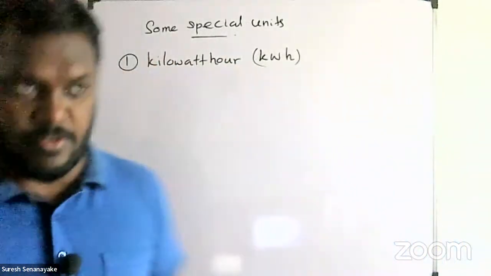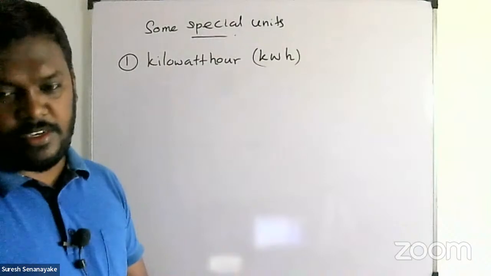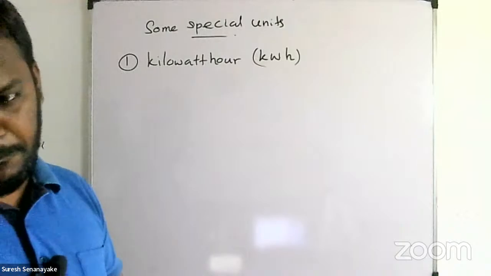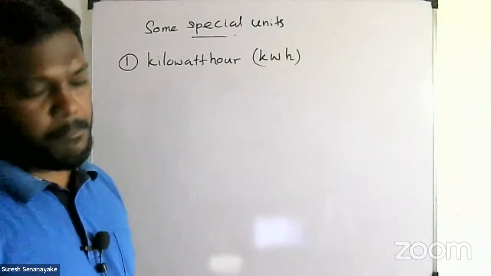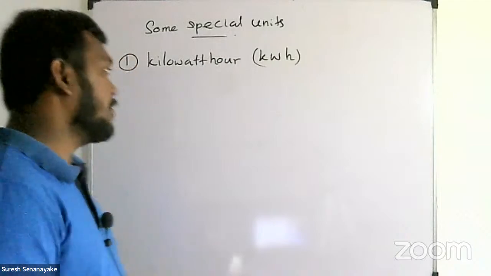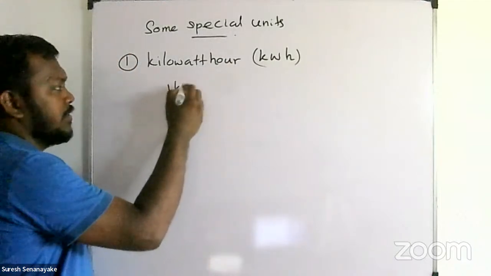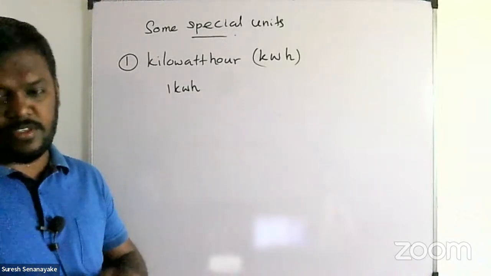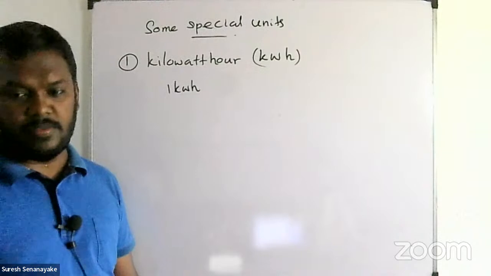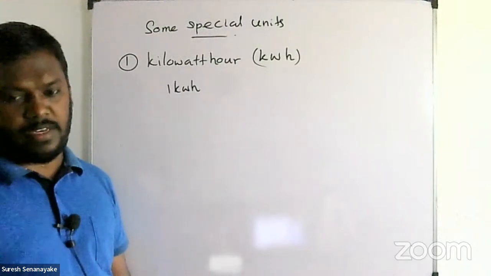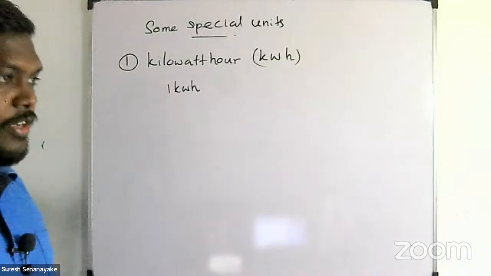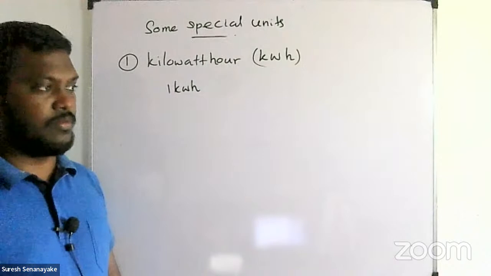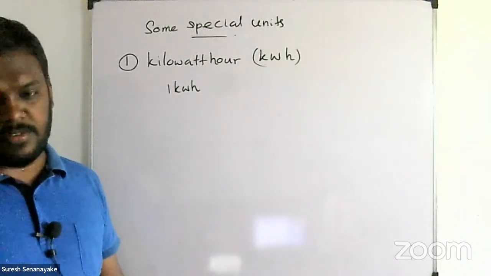So this is a commercial unit for electrical energy consumption. And 1 kilowatt hour is called 1 unit of electricity, or 1 electric unit.